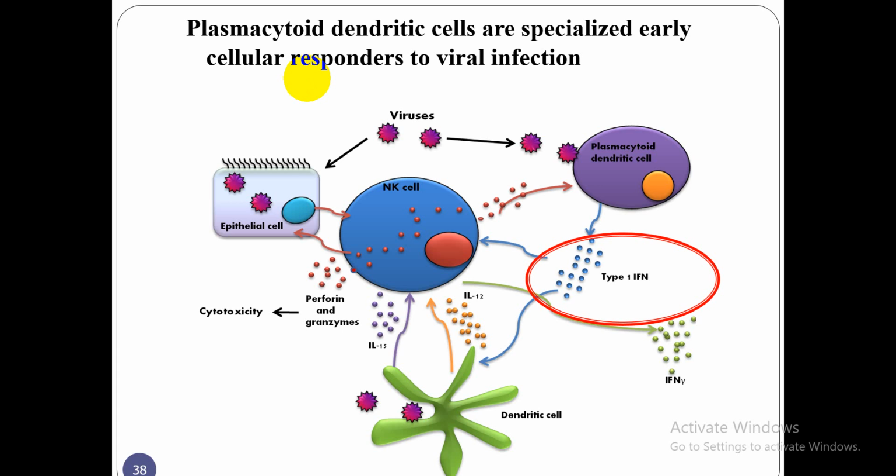So the role of the plasmacytoid dendritic cell is uptaking viruses and producing type 1 interferon, which has antiviral functions.